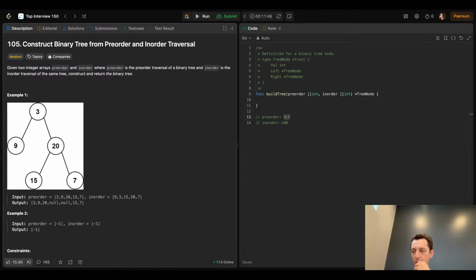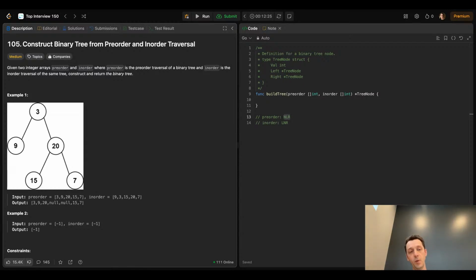So we know, okay, we start with 3. Then the next one could be, it depends, because 9 could be the left branch, or if there is no left child, then it could be just the right child. 9 could be the right child.